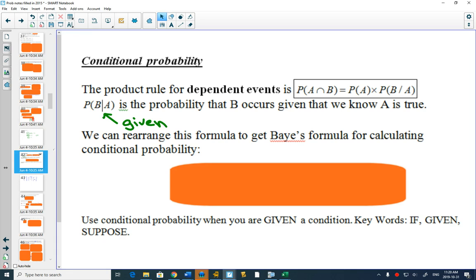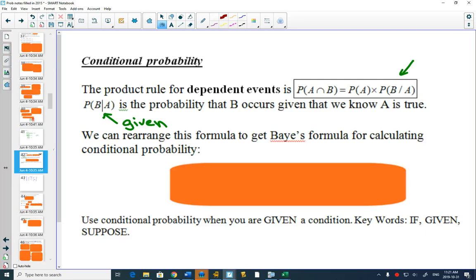Your second chance of getting a red card is now 25 out of 51, because I've taken 1 card out. So that's what this second part here stands for. This is the probability of B given that A has already happened. If I've already taken out a red card, it's not 50%. It's not 26 out of 52 anymore. It's now 25 out of 51.